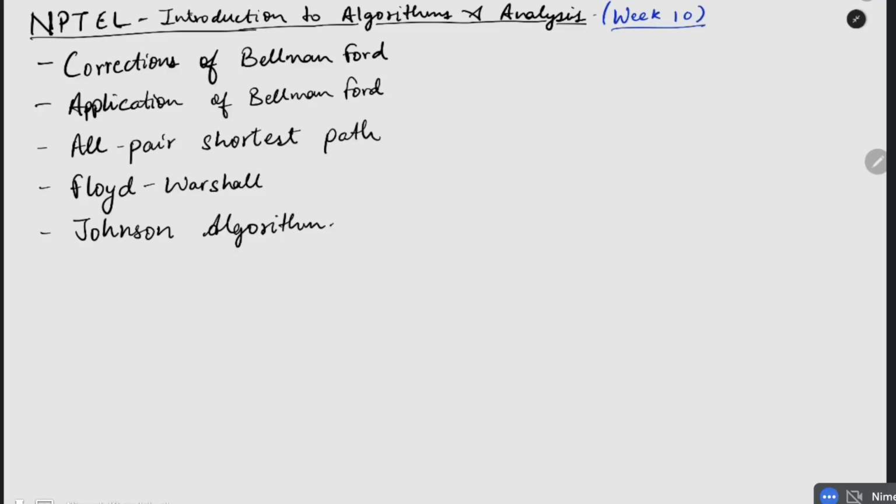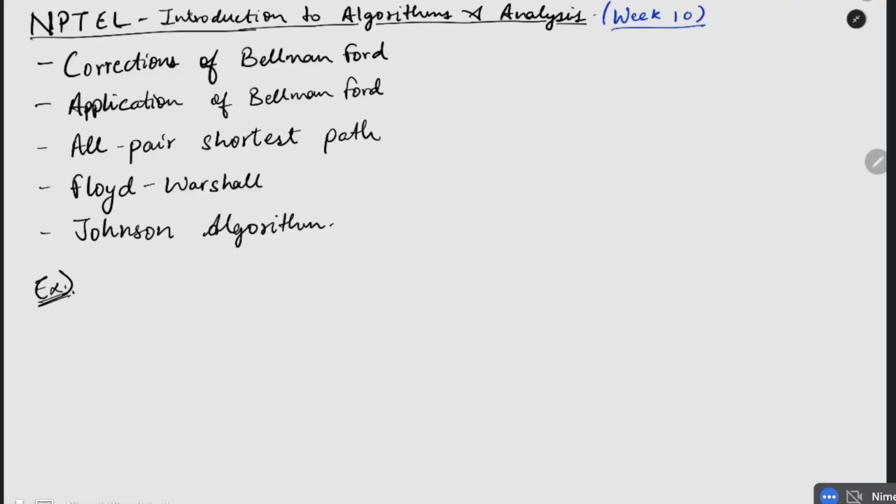Okay, so let us start by taking some of the examples for the shortest path finding, and then we keep changing the problems to cover as much as we can. Right?